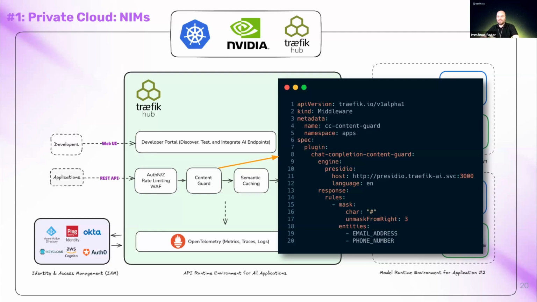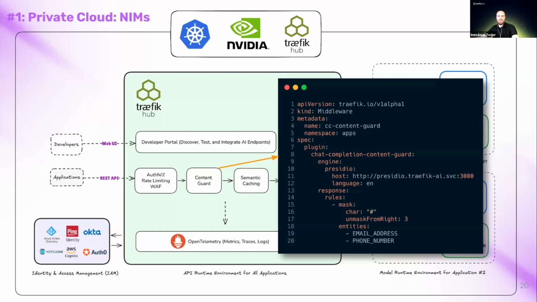Basically, it's a Microsoft open source product. It's fine-tuned for personally identifiable information detection, and it can mask or block the information. Here you can see a response rule on line 14, and with that you mask the sensitive information such as an email address or a phone number.